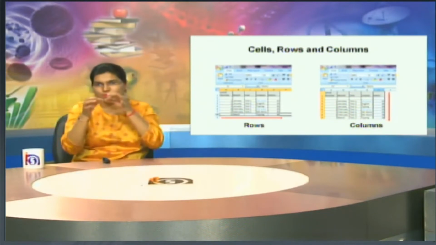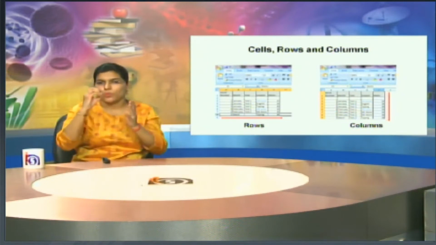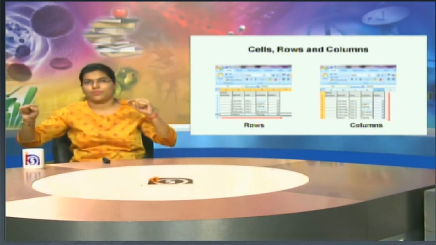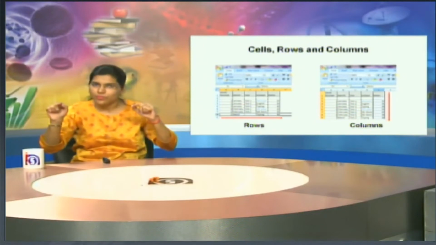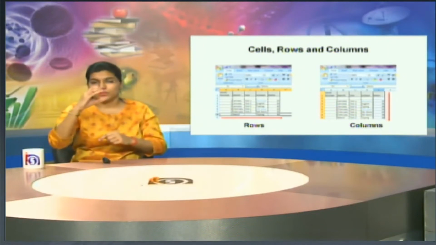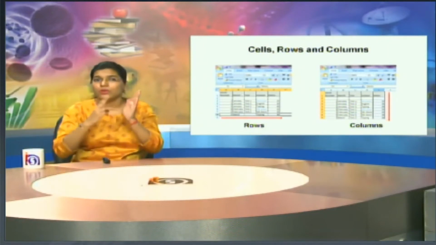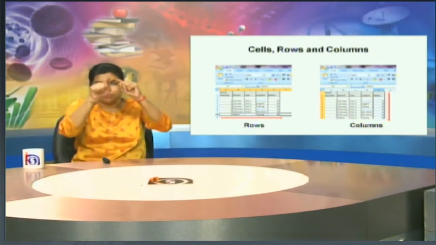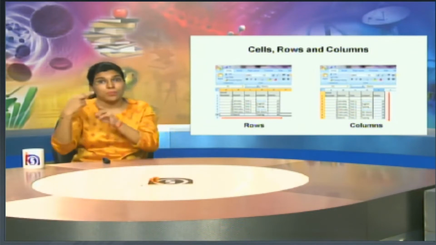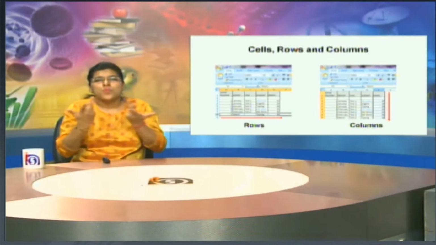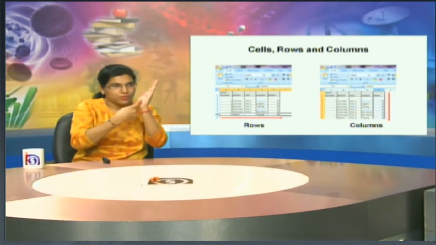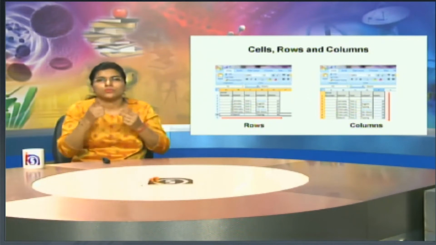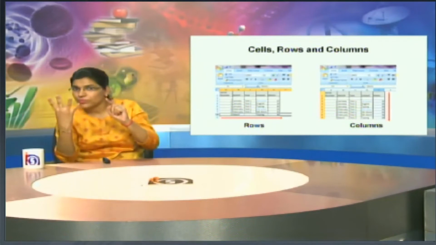just like I explained cells, rows and columns. There are different columns which are vertical and rows which are horizontal.